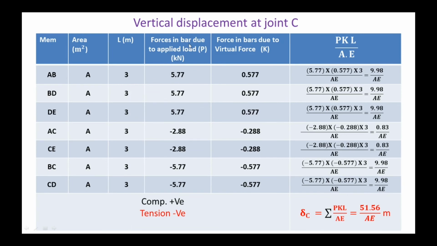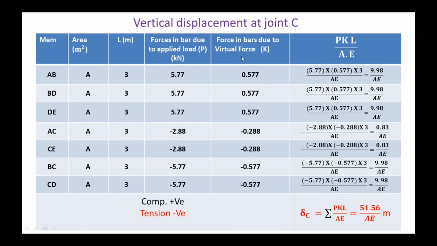And these are the bar forces due to the applied load, that is P. The member AB 5.77, member BD 5.77, member DE 5.77, member AC is minus 2.88 because here we are considering tension as negative. So here AC member is subjected to tension, CE member also subjected to tension, BC member also subjected to tension, and CD member also subjected to tension, that is why it is negative.